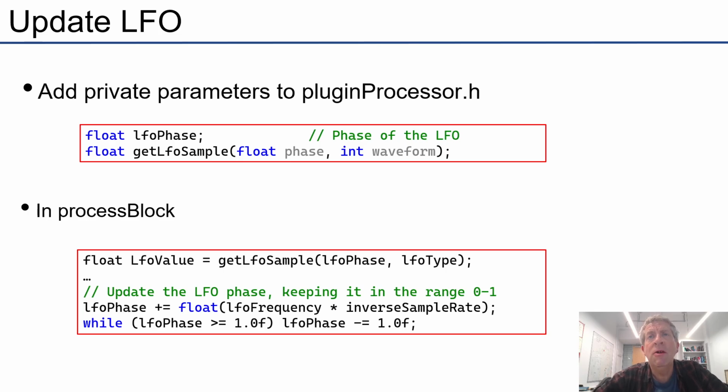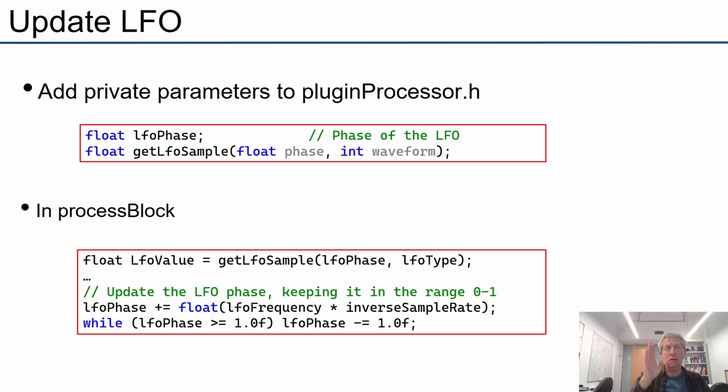Then in the process block, we specify some value, call it LFO value, which involves getting the LFO sample as needed. In the process block, we update the LFO phase every sample, also keeping that in the range 0 to 1. So when it exceeds 1, it simply wraps around back to 0, or 1 minus that value.